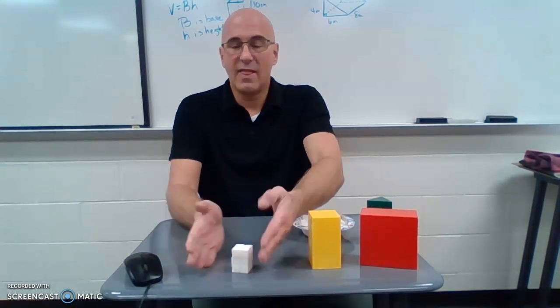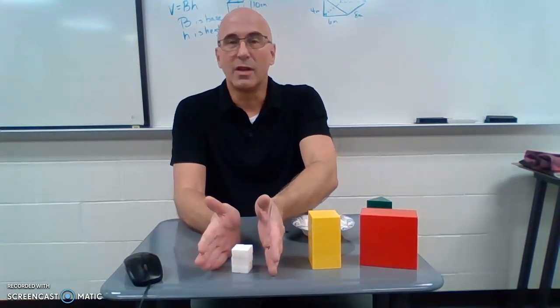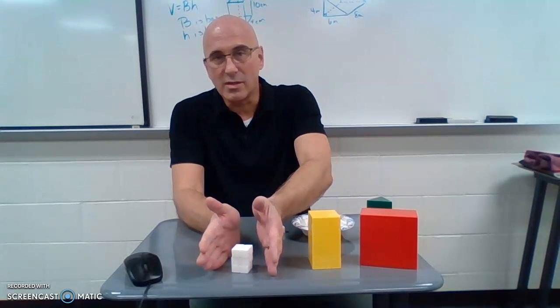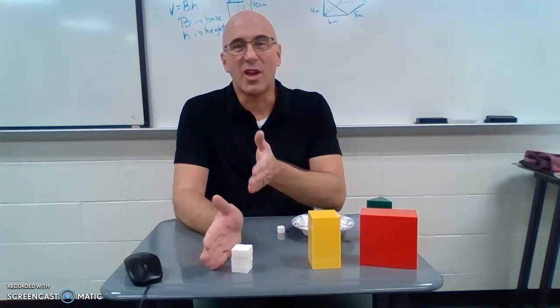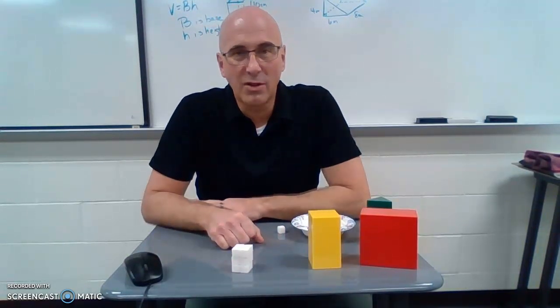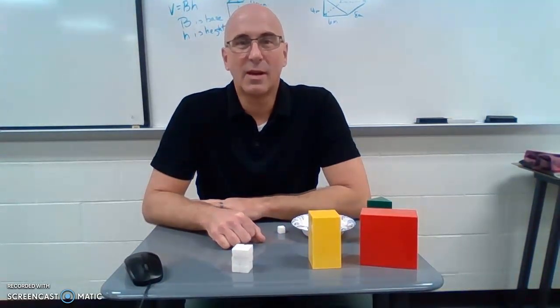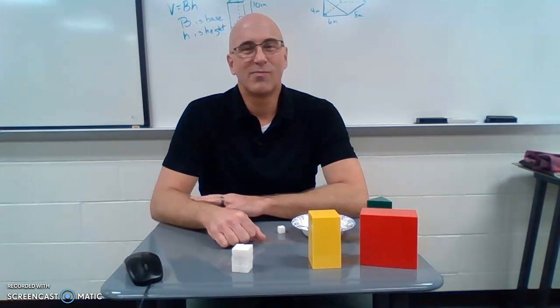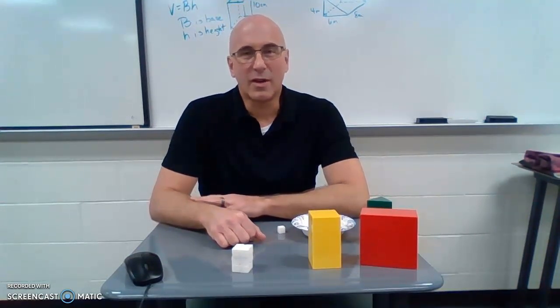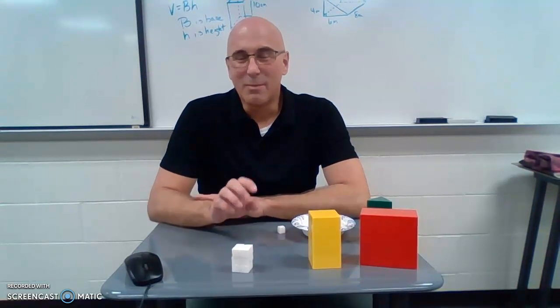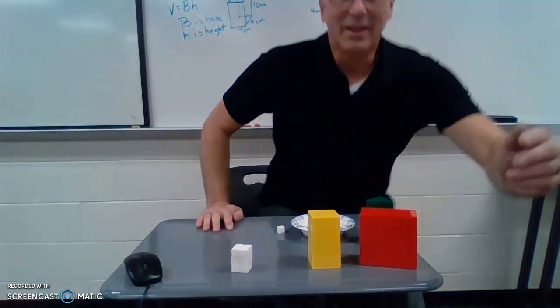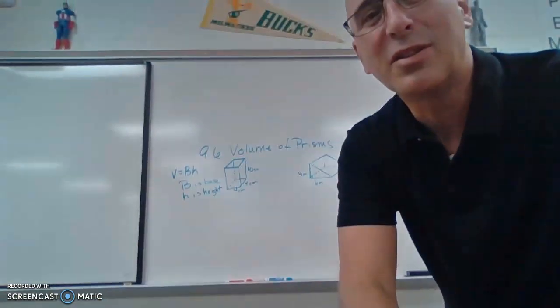We would say that this prism is 12 cubic units. So the general formula for the volume of a prism is base times height. Where have you heard that before? Base times height. Yeah, with some of our two-dimensional shapes. Base times height. Let me take you to the board.